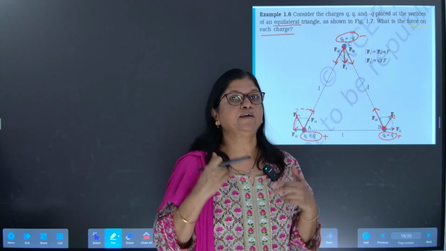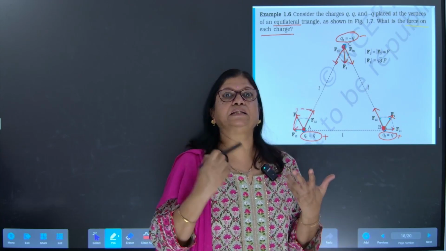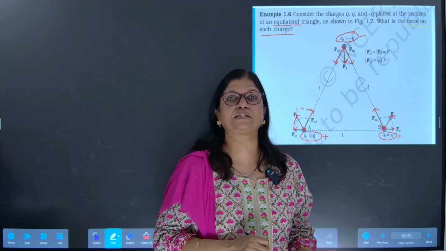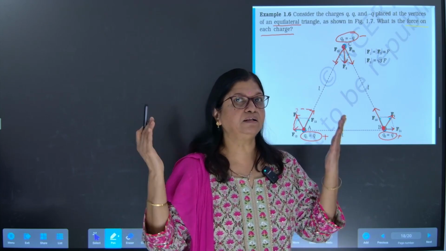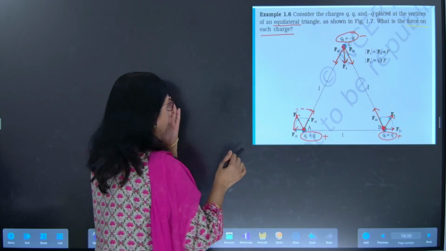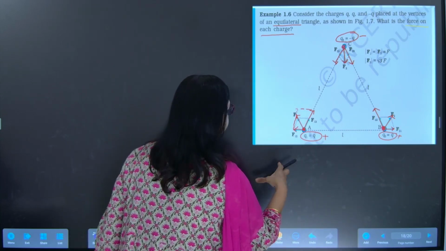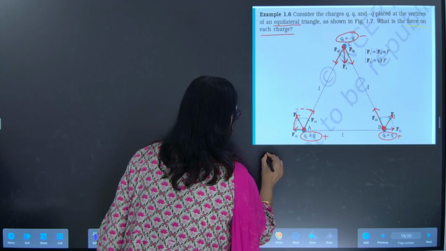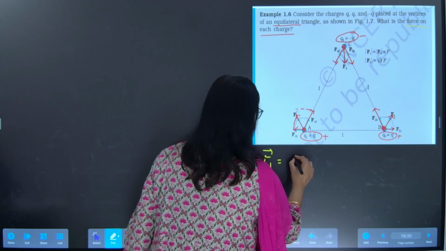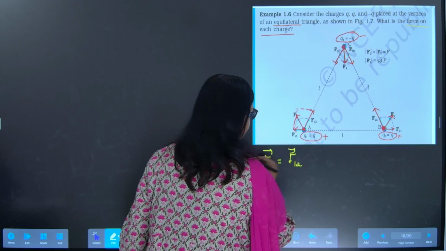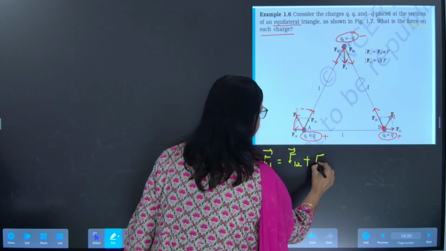Now what should we do? We have to just find out the magnitude of each force acting on each charge and add them vectorially. So let us first consider the force F1, which is a vector addition of F12 vector plus F13.